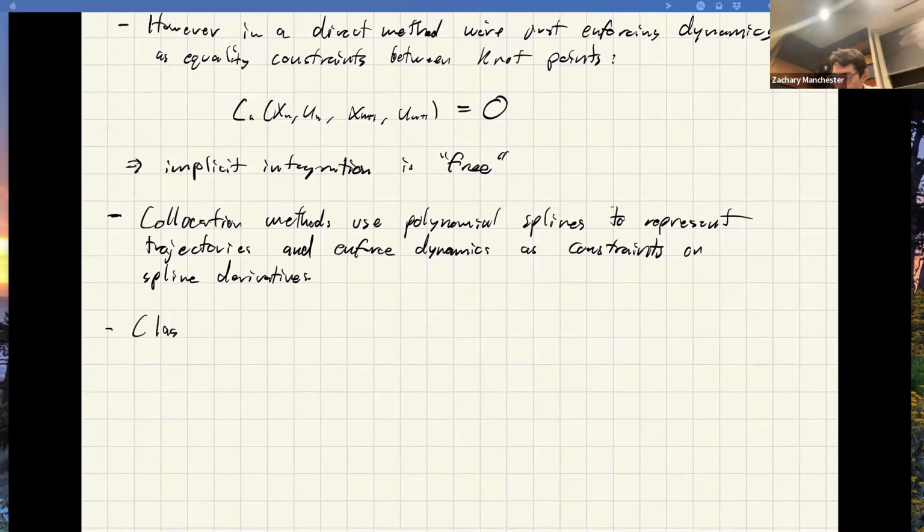Okay, so what we're going to do right now is the most classic algorithm here, which is affectionately abbreviated DIRCOL for direct collocation, but this is the original classic paper from like the mid 80s. DIRCOL algorithm. This uses cubic splines for the states.